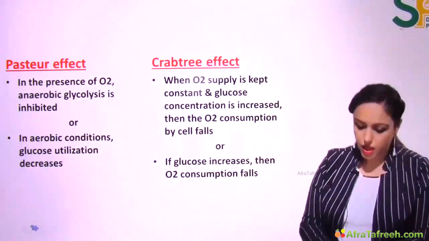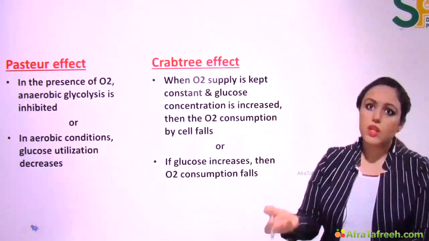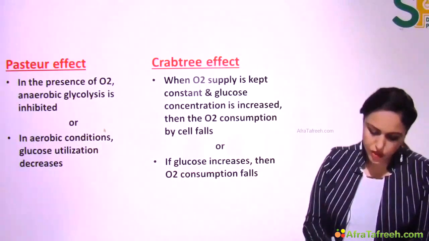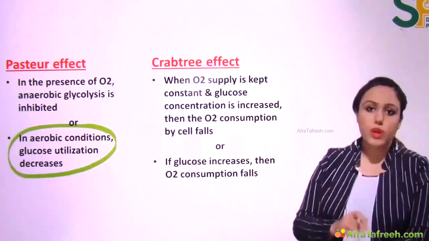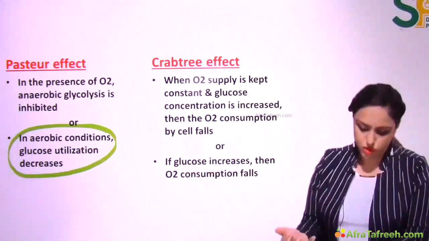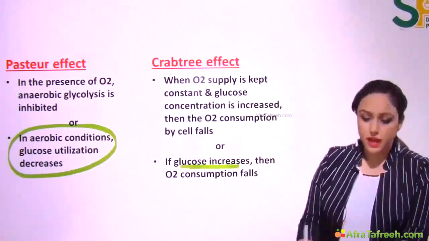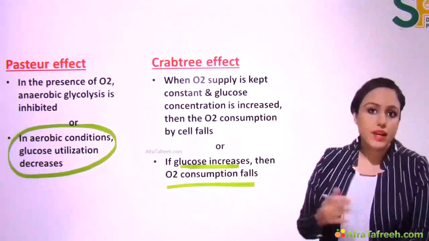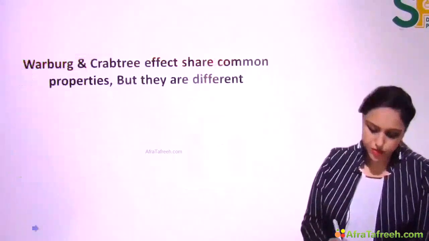So Pasteur effect says when oxygen is present, glucose utilization falls, but Crabtree effect says that if glucose increases, then oxygen consumption falls. They are exactly opposite to each other.